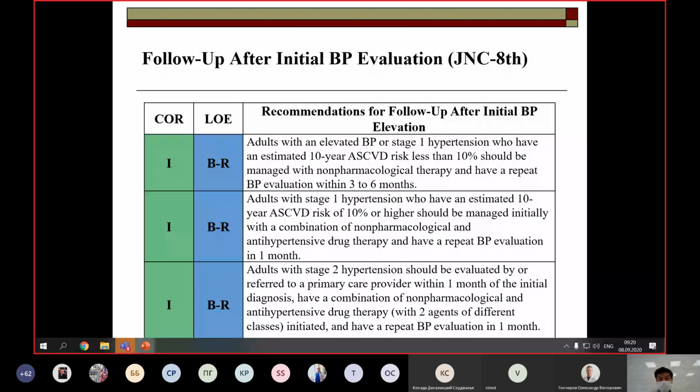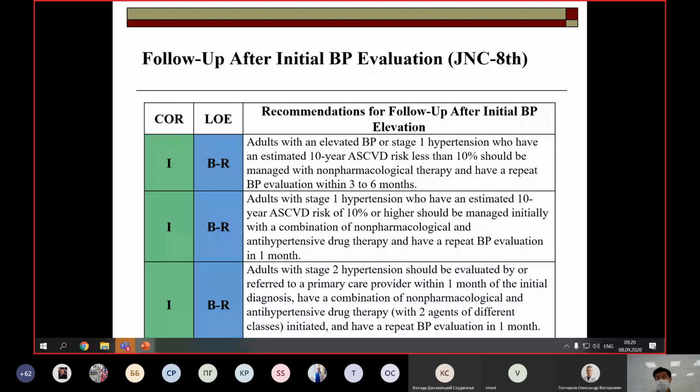Please recognize that the same patient having 10% or higher should be managed initially with a combination of nonpharmacological and antihypertensive drug therapy. The cutoff point at 10% divides the patients with moderate to high cardiovascular disease risk.